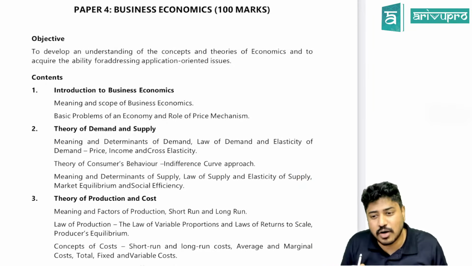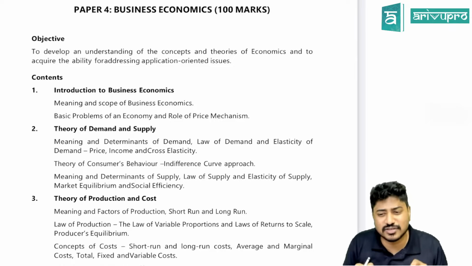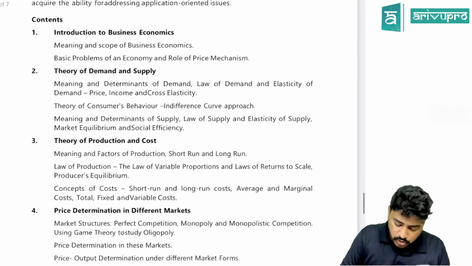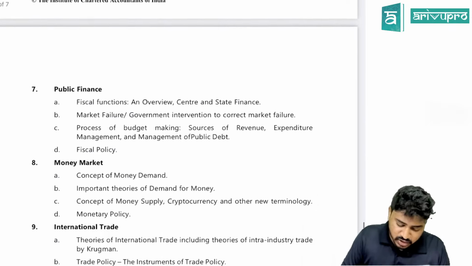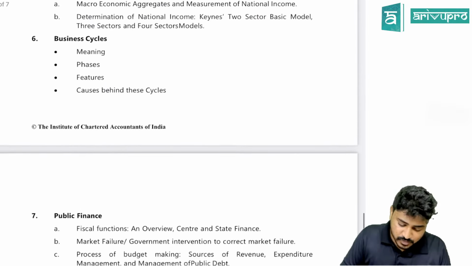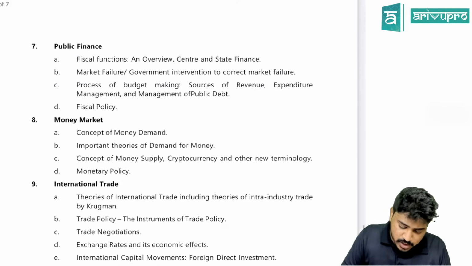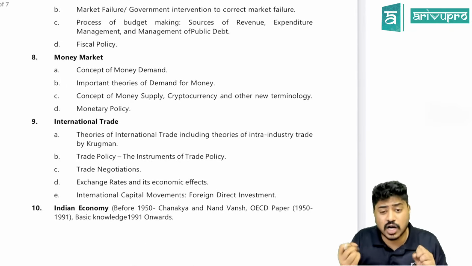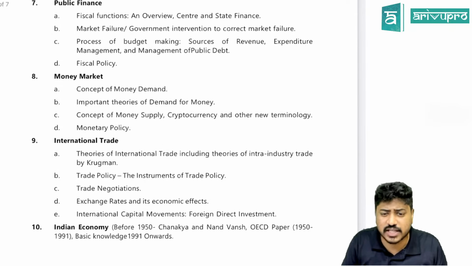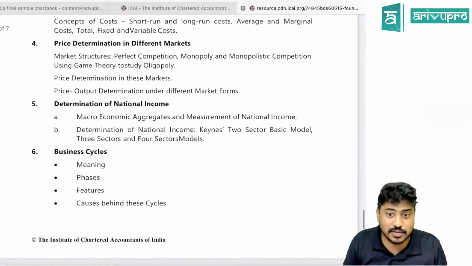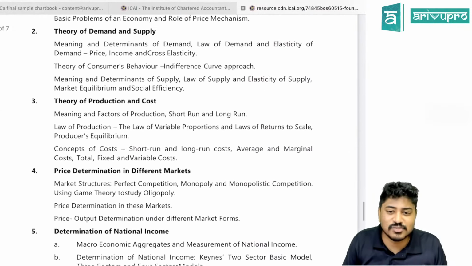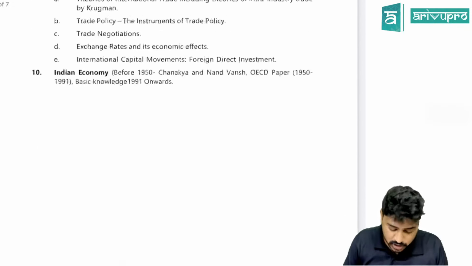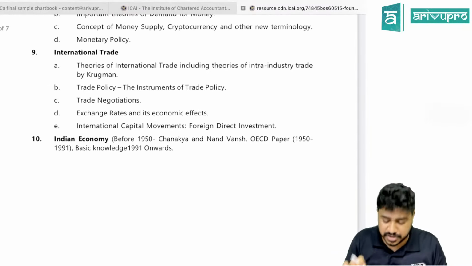In Inter, there was one paper called Economics for Finance. That full paper, they have brought here, as chapters 7, 8, 9, and something new, Indian Economy, they have also added. That's a new chapter altogether. These are some changes they have brought for Foundation.